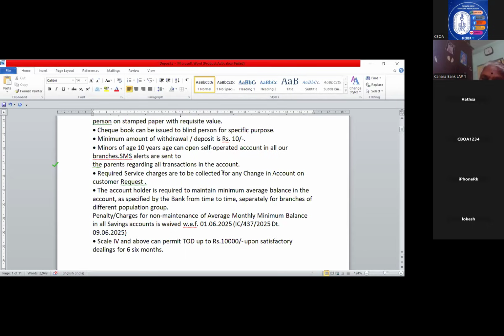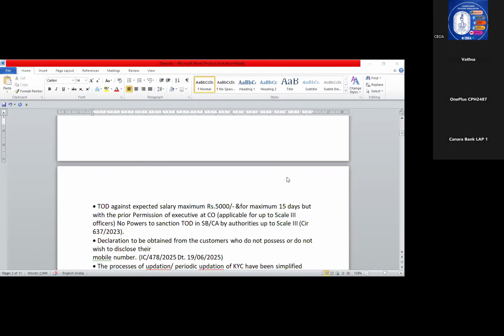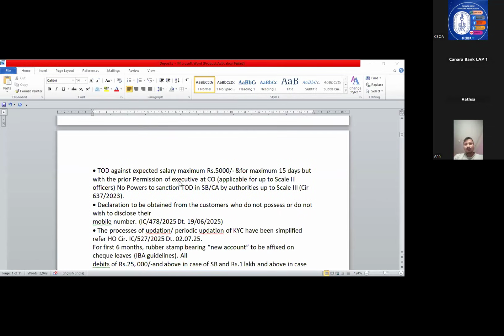Scale 4 and above can permit a TOD, against expected salary, maximum 5,000 and minimum 15 days, but with the prior permission of the executive at servo. No powers to sanction TOD in SB or current account by authorities up to scale 3.